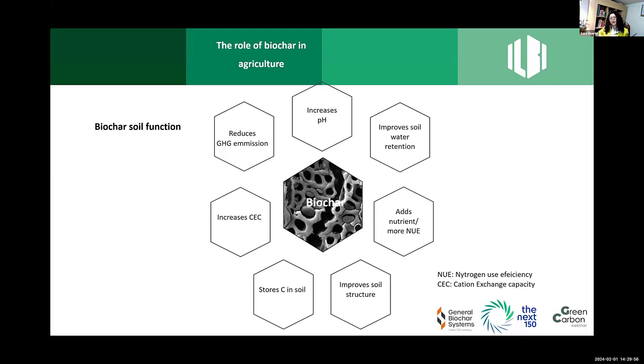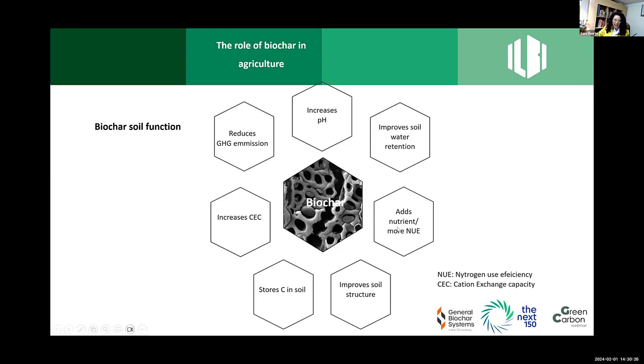And because of the porosity and the high specific surface area of biochar, it is also a powerful tool to increase water retention and nutrient retention. Those characteristics are really powerful also to increase soil structure, because biochar is like a house for microorganisms.